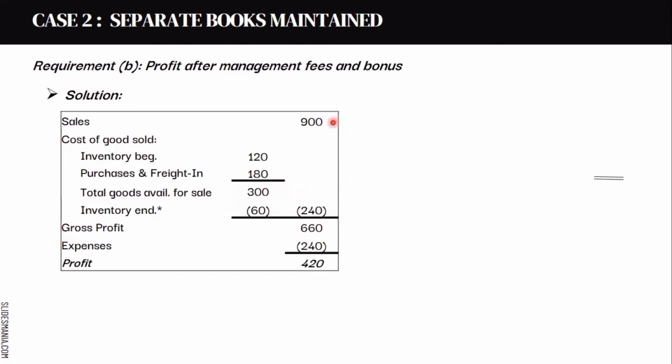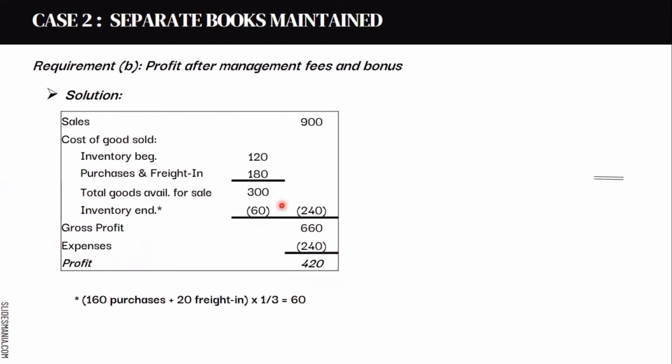So 900 in sales, less the cost of goods sold, equals gross profit of 660 pesos. Also less the expenses of 240. So it equals a profit of 420. Okay?